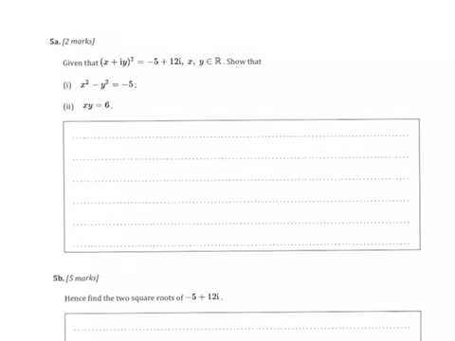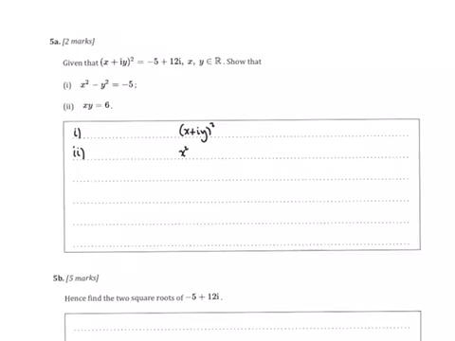Looking to me like we're going to find maybe a real component and an imaginary component here. So in both parts, I'm going to put my answers here. But I'm going to expand this, and I'm going to get a real component and an imaginary component.